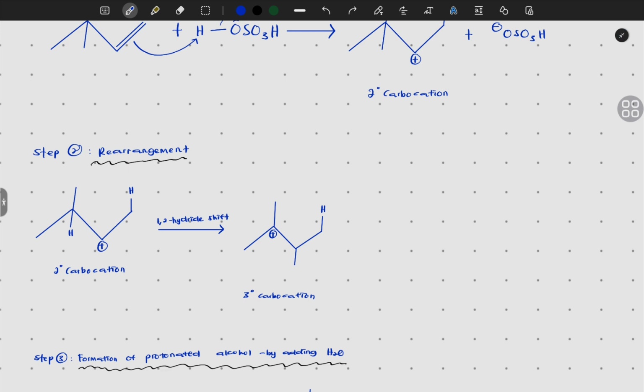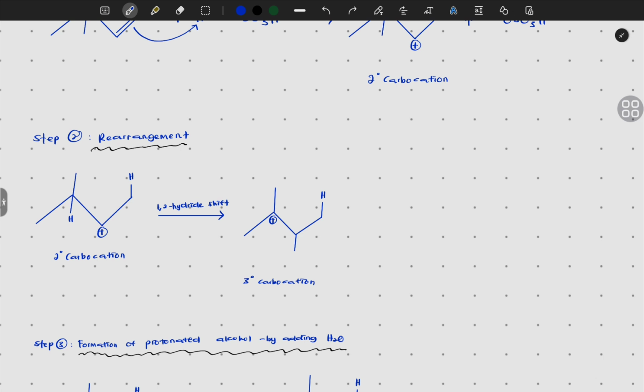Step 2 is rearrangement. In the carbocation intermediate, a neighboring H atom along with its bonding electrons migrates to the C atom carrying the positive charge. This results in forming a new carbocation at a more stable position.